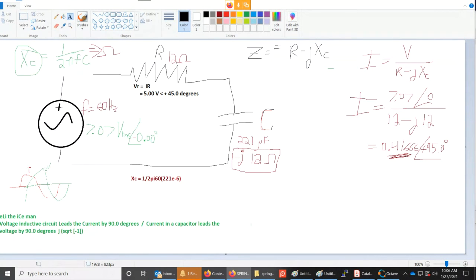Okay, Abdul, you want to use the 4.16? The problem with that is that's the magnitude, but it doesn't give you the angle. You have to also account for the angle.